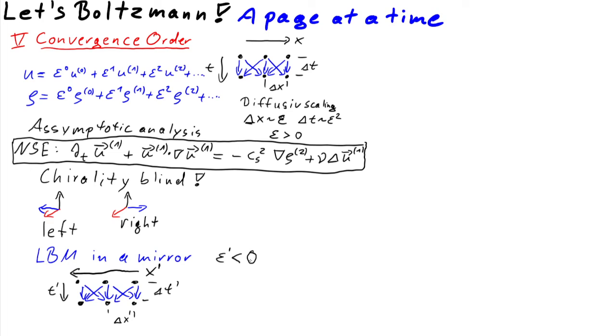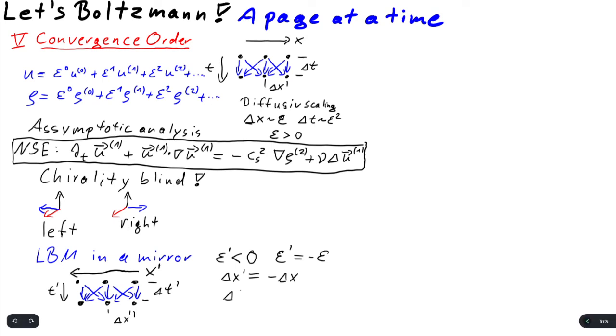Because if this epsilon is smaller than 0, we can actually express this mirror image by saying that this new epsilon is the negative epsilon from the original case. So what this would mean is that delta x in the new coordinate system, in the left-handed coordinate system, is minus the delta x in the right-handed coordinate system.